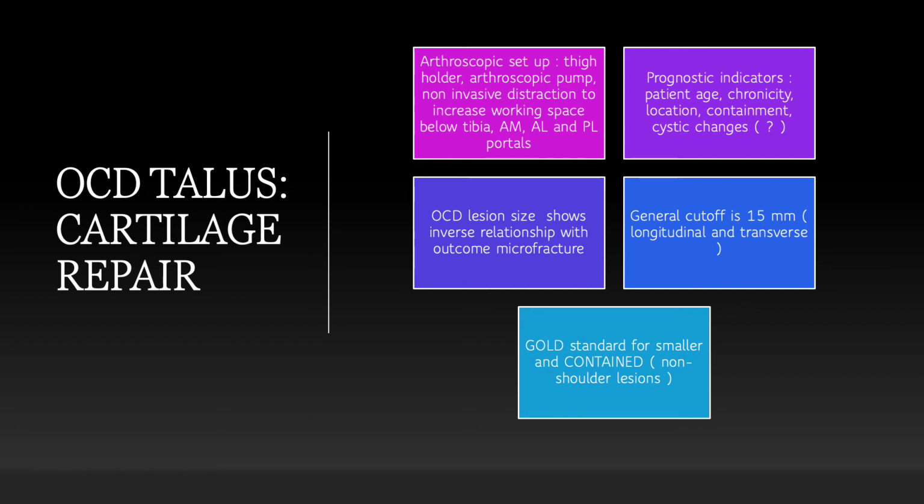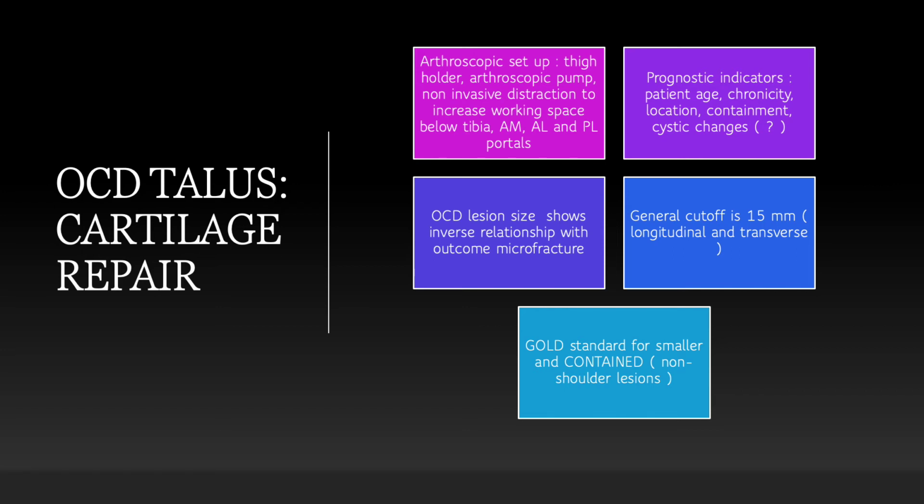Osteochondral lesion size has always been something that we look at with regards to prognostic indicators following microfracture, with an inverse relationship between size and outcome, wherein the general cutoff has been around 15 millimeters.